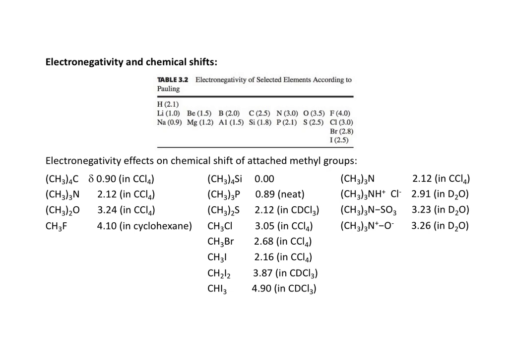The left column is a series of compounds with the chemical shifts of the methyl groups attached to elements ranging in electronegativity from carbon to the more positively charged nucleus of nitrogen onto oxygen and then with fluorine.